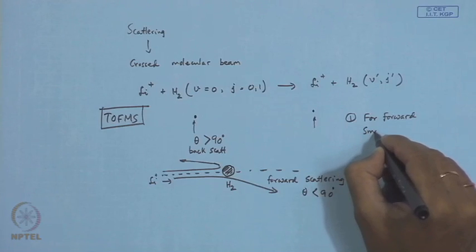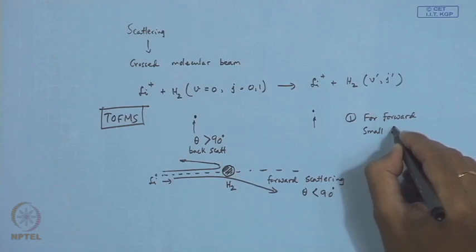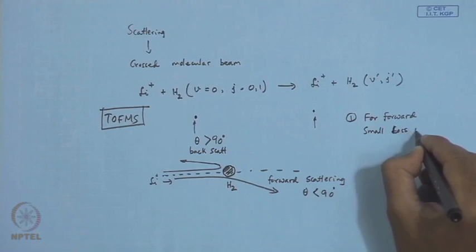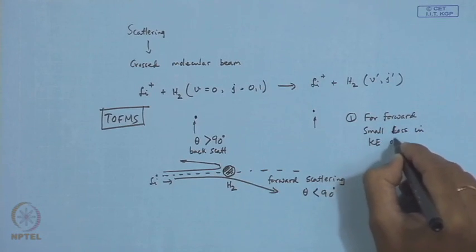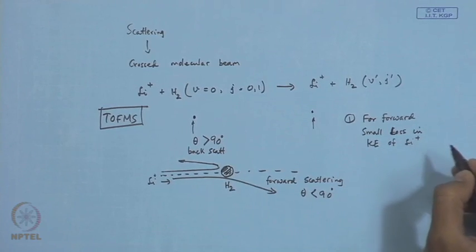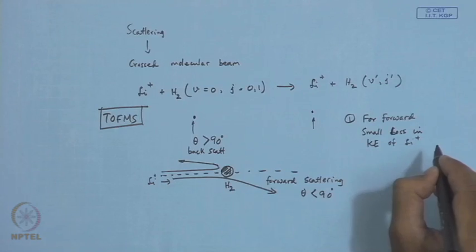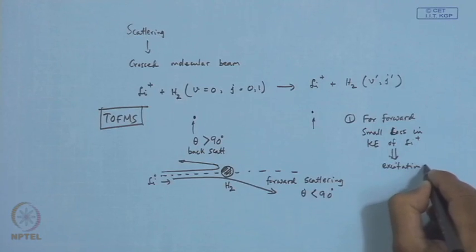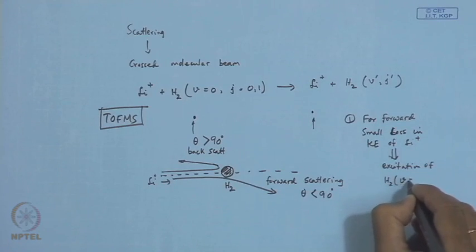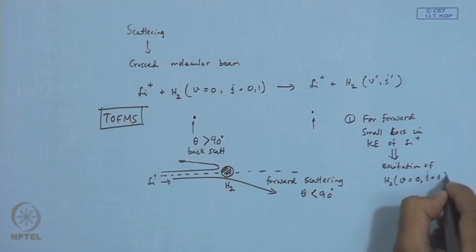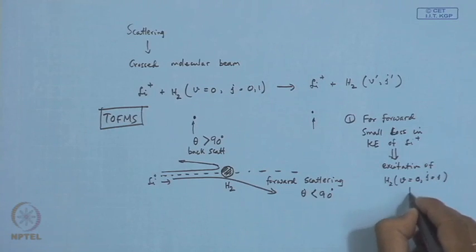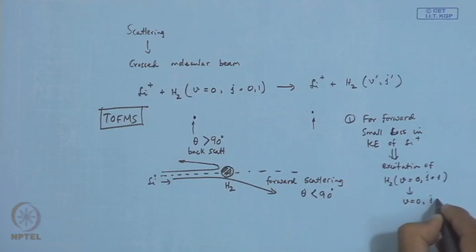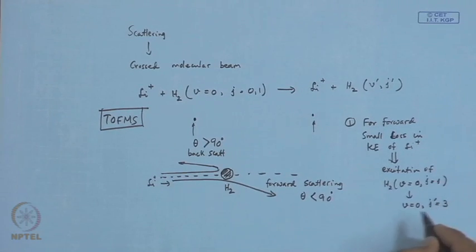So, small loss in kinetic energy of lithium plus, and that corresponds to excitation of H2, V equal to 0, J is equal to 1, 2, maybe V is equal to 0 to maybe J is equal to 3, and it has got a large cross section.